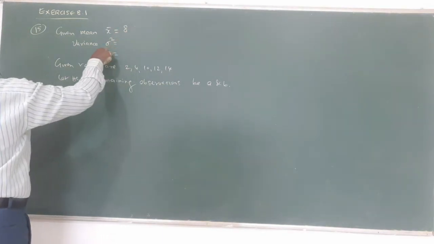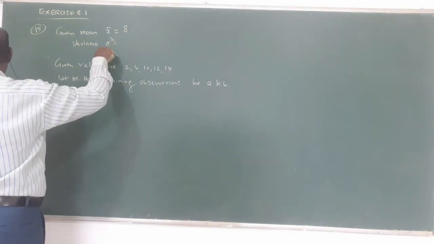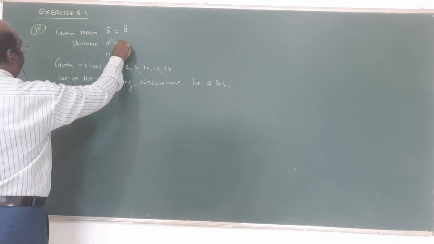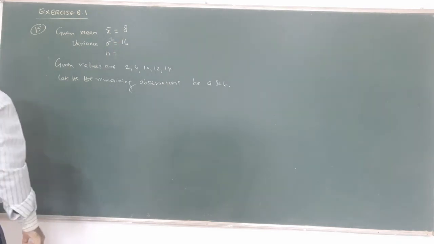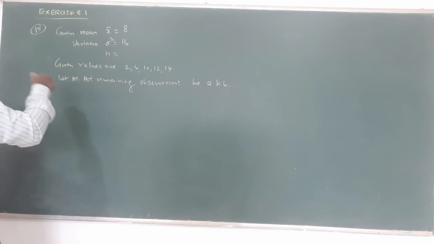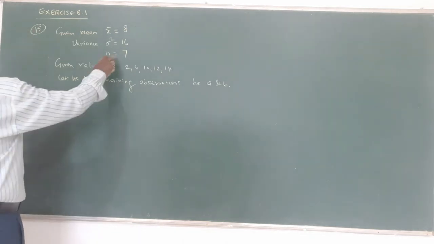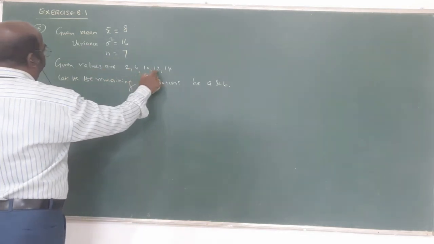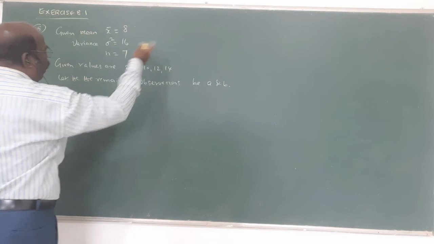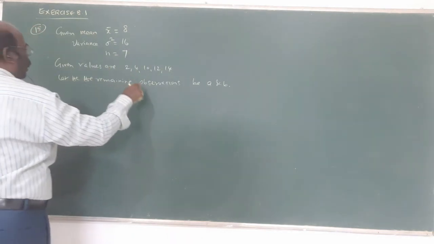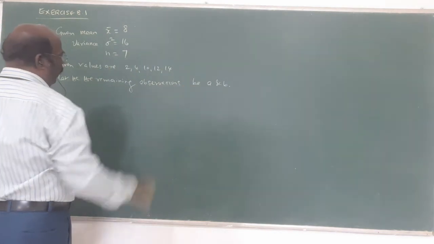The variance sigma square is 16. The mean and the variance of the 7 observations are given. Only 5 values are given. What are the remaining values? The remaining observations are A and B.